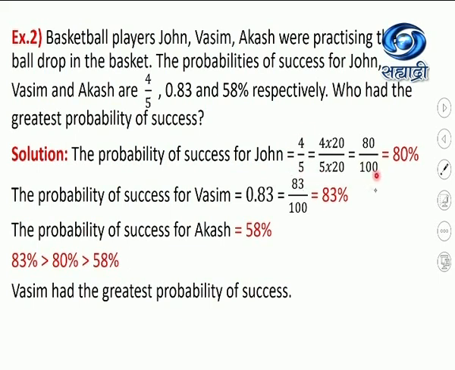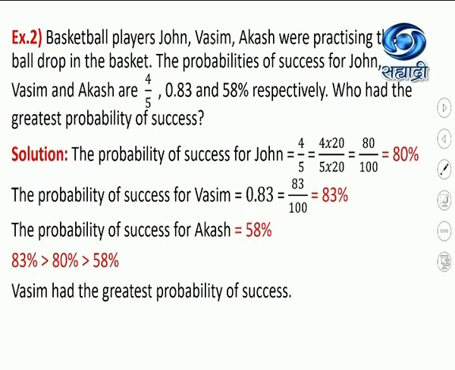The probability of success for John, 4 upon 5. Now let me convert it into percentage. The denominator should be 100. 5 twenties are 100, so I have multiplied 4 by 20. 4 twenties are 80. So that is 80%. Now the probability of success for Wasim is 0.83, which is nothing but 83 upon 100. So that is 83%. The probability of success for Akash is already given in percentage, that is 58%.